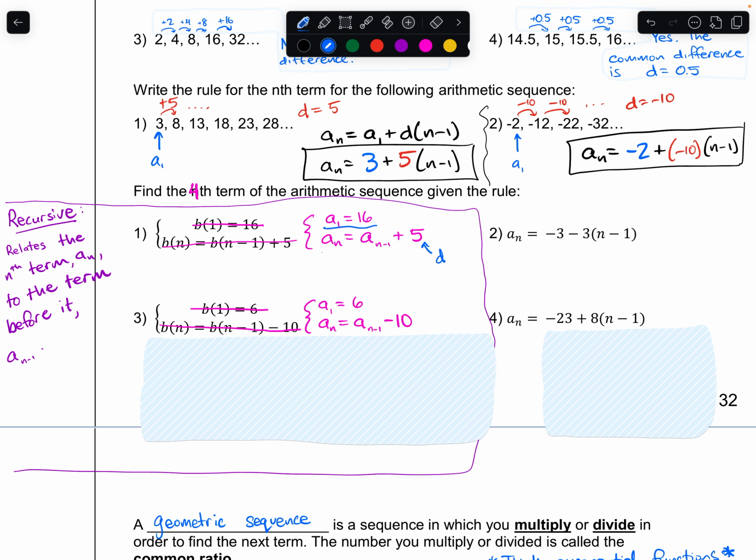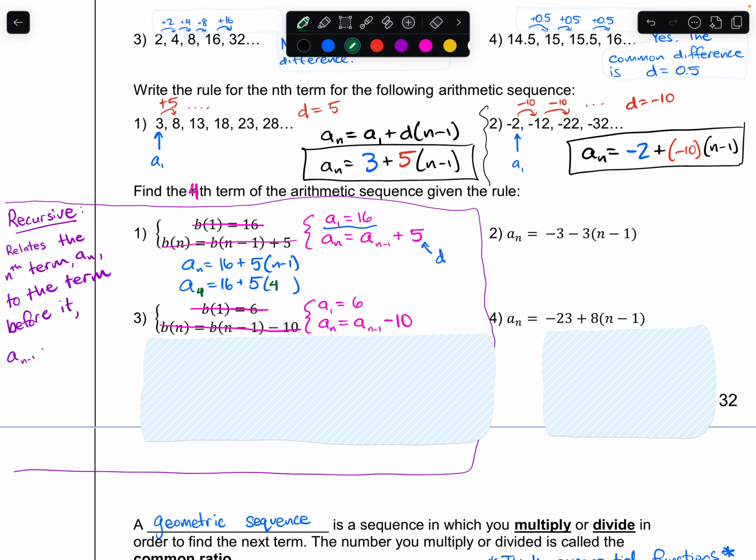So to put it all together, we're going to use that rule. We're going to write our explicit rule, I guess. A sub n equals our first term, which is 16, plus our common difference times n minus 1. But we're asking now for the fourth term. So we're going to write a sub 4 equals, it's the same rule, I'm copying everything down again, except for n, because now I know n needs to be 4.